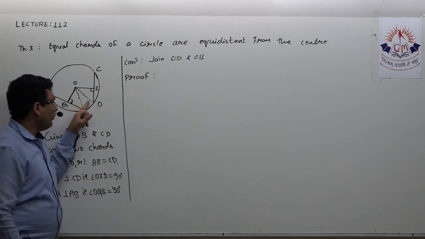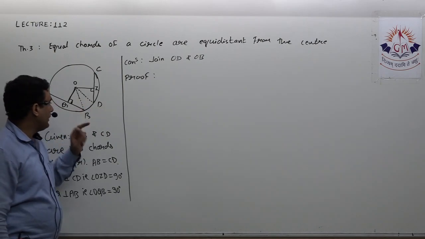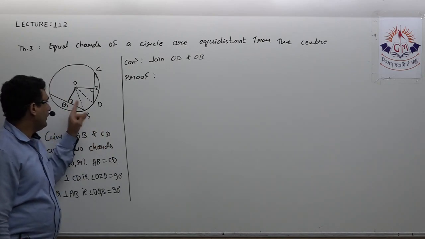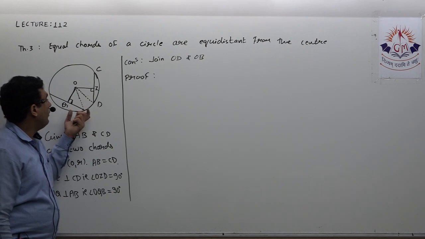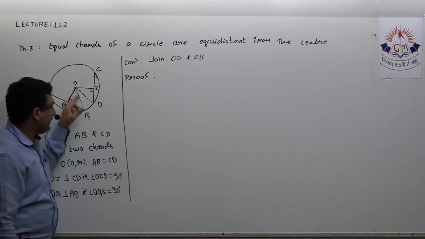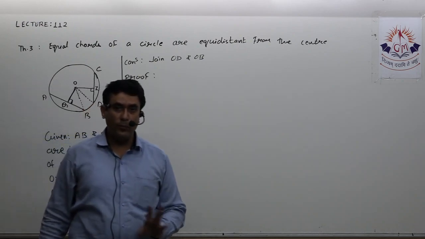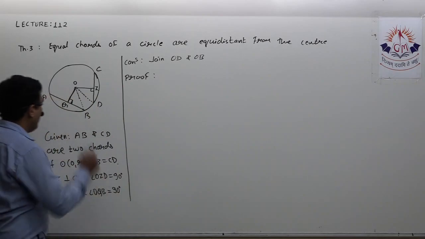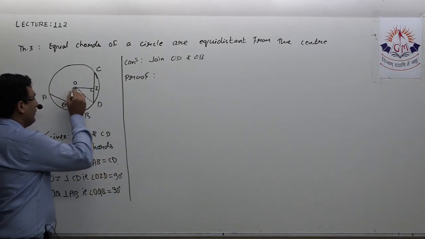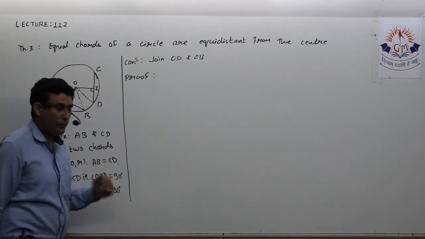We can also say OB equal to OD, because they are radii of the same circle. So we have one angle and one side. The angle is a right angle and the side is the hypotenuse, so it is quite possible to prove these two triangles congruent by RHS. We have the right angle and the hypotenuse. Now we need one more side. Obviously we can't take OQ equal to OZ because that is what we have to prove.